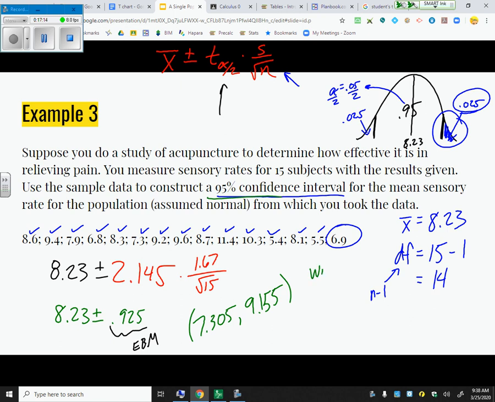We are 95% confident. Let me erase this. I think that we're good on that.